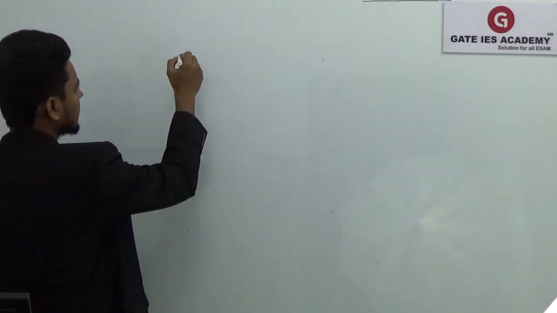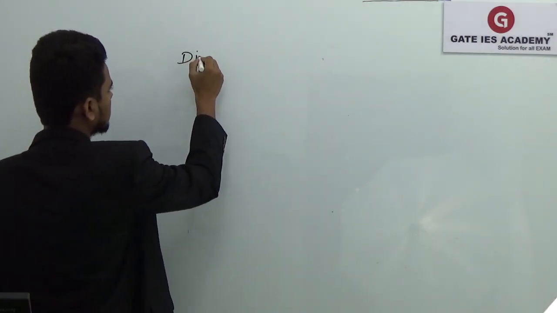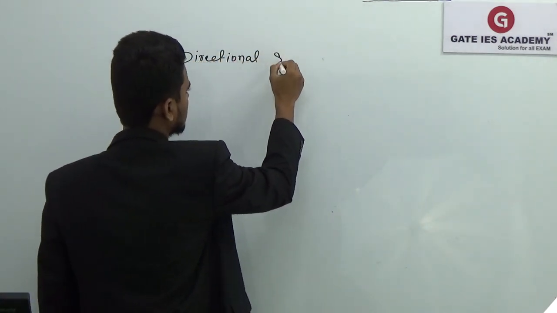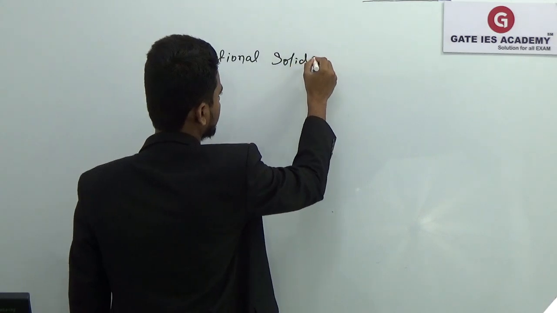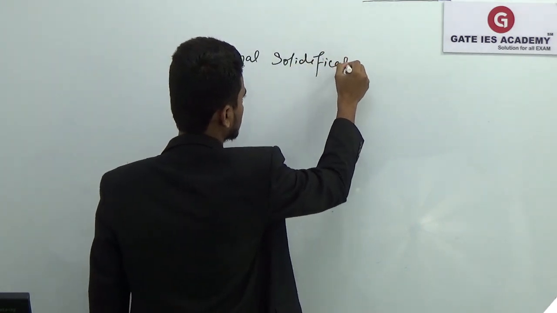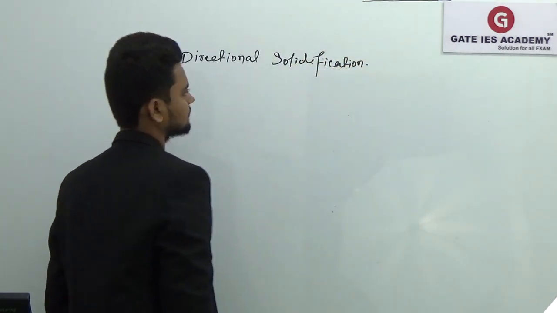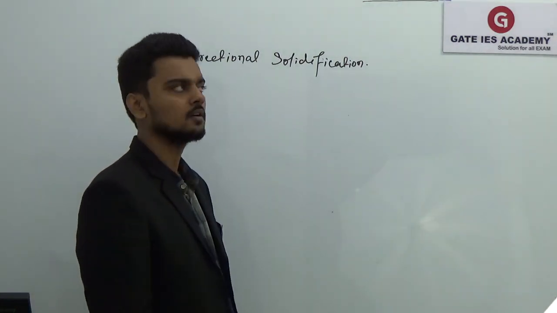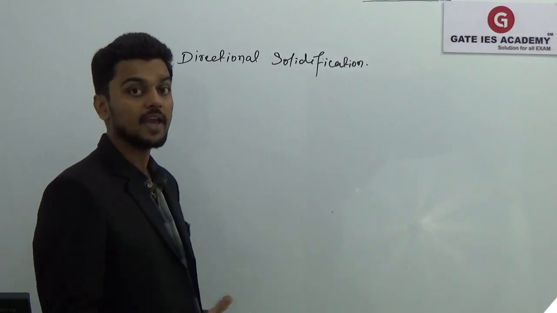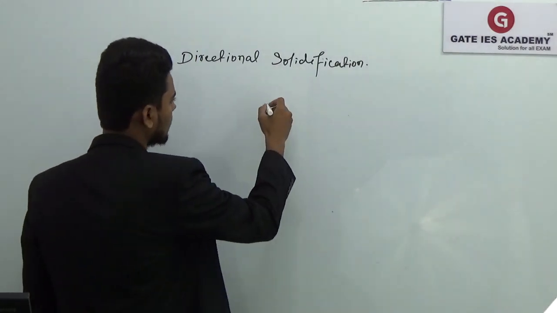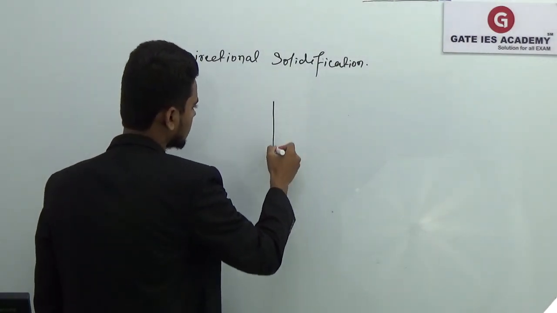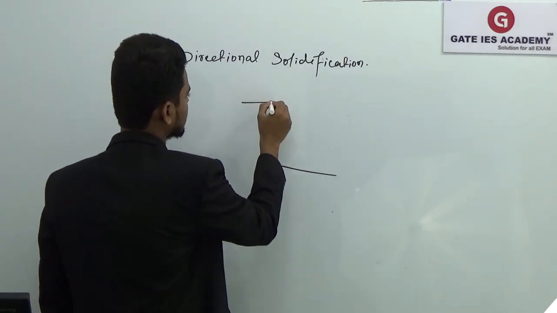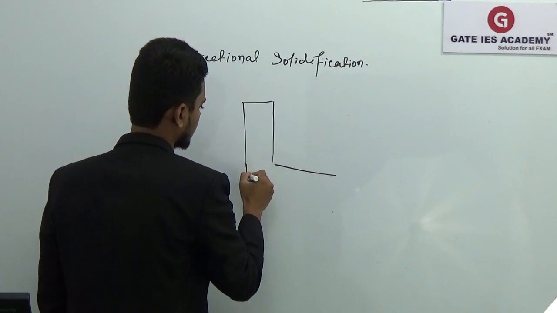So we'll discuss what exactly directional solidification is. Now suppose we have to make a casting of L shape.